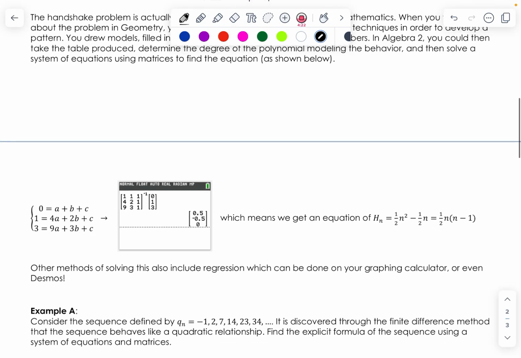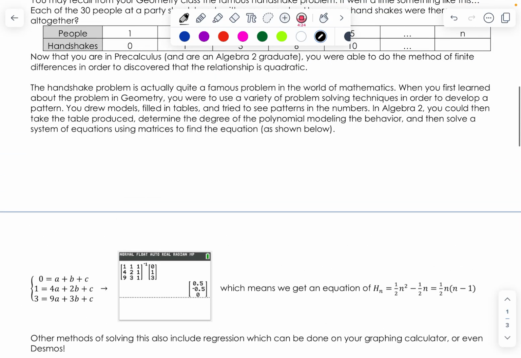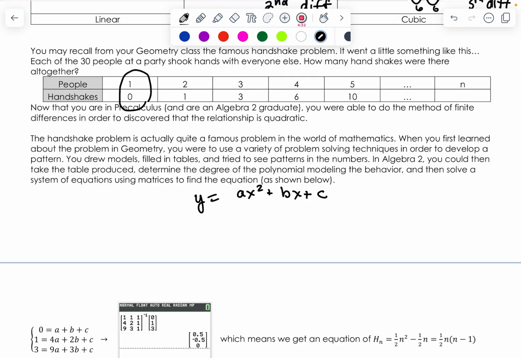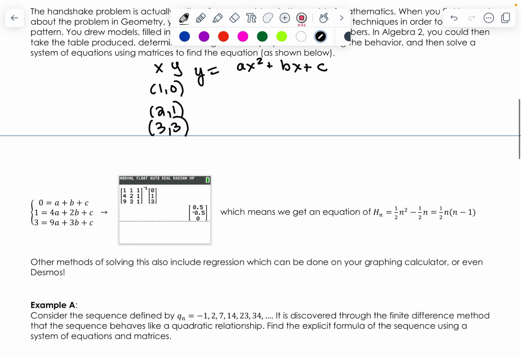So if you remember, we would use y equals ax squared plus bx plus c. And then if you looked at these as ordered pairs, I can go plug these in as the x and the y. And what this does is it produces a system of equations.